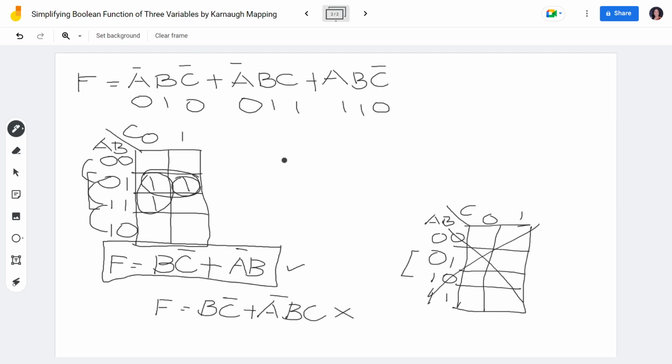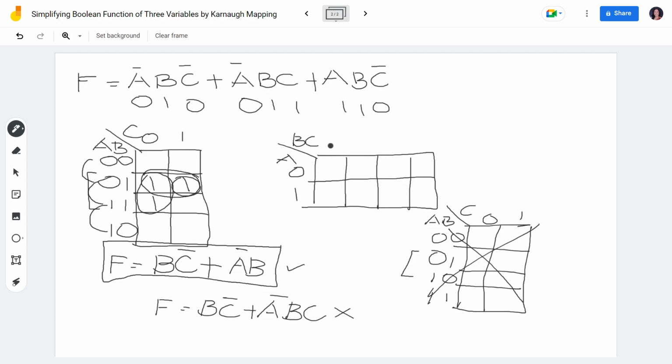Okay, what if you want your Carnot map, so this is another rectangle. So for three variables, you can make another rectangle that is the orientation is like this. Okay, we have the A and then B and C. Just like that, we have 0 and 1, and then 0, 0, 0, 1, 1, 1, 1, 0.